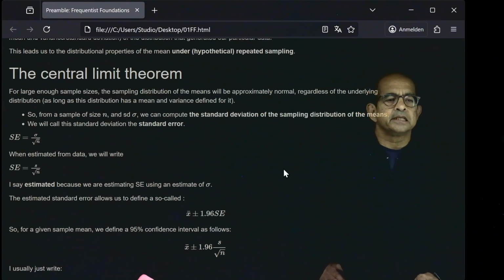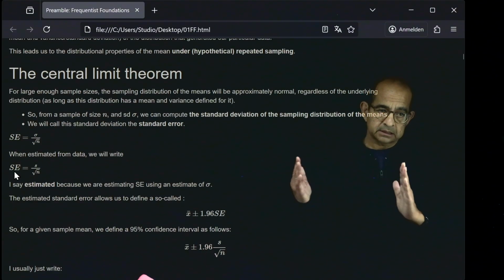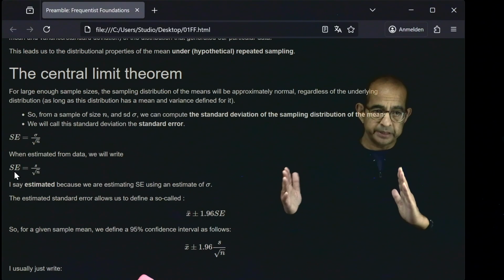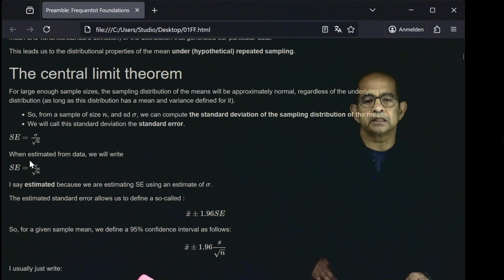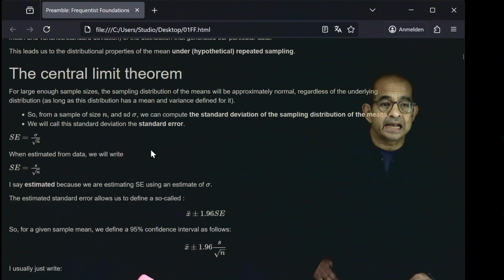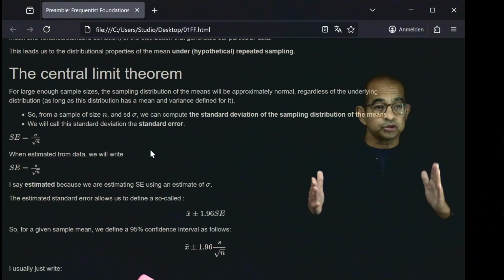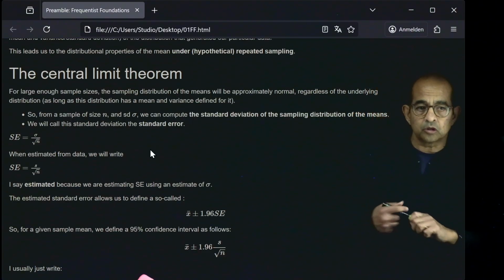Now, one important thing about the central limit theorem is that it allows us to get an estimate of the standard error, which tells us how variable the sample mean would be under hypothetical repeated sampling. And we can get that estimate by computing the standard deviation estimate and dividing by the square root of the sample size. Now, one important fact that emerges from the central limit theorem is that the distribution of the sample means is normal, right?